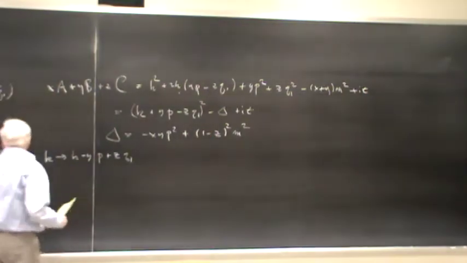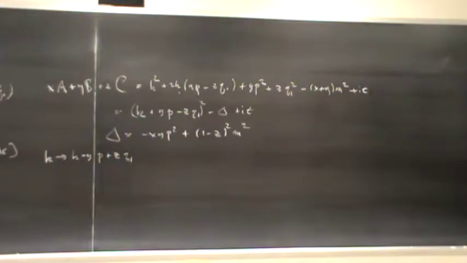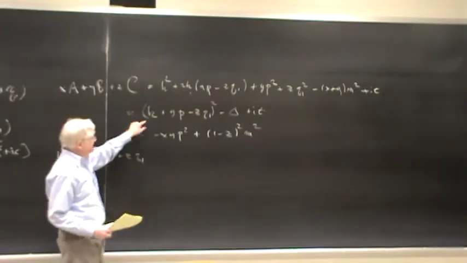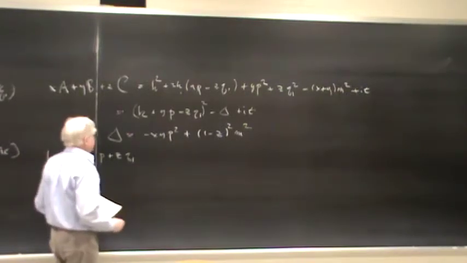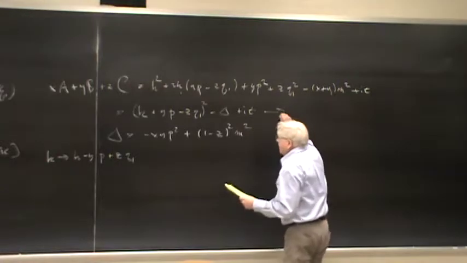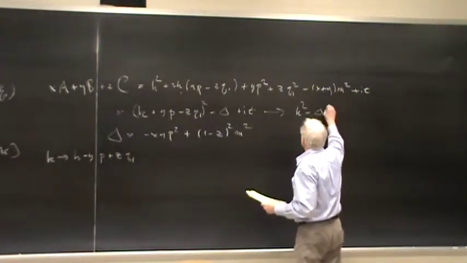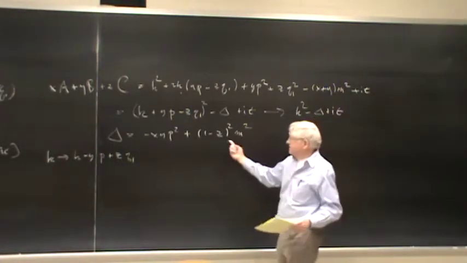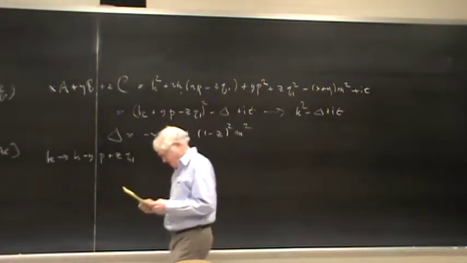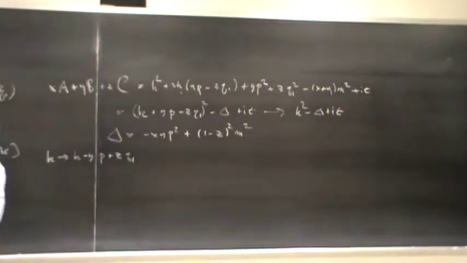So this denominator, which was XA plus YB plus ZC, after the shift is just k squared minus delta plus i epsilon, and delta, not involving k, doesn't get shifted.